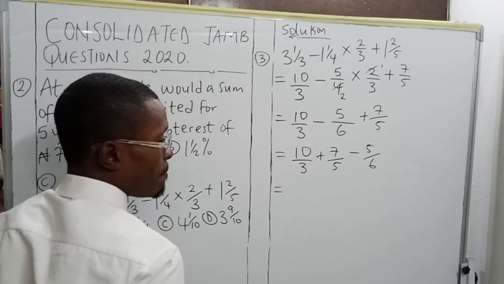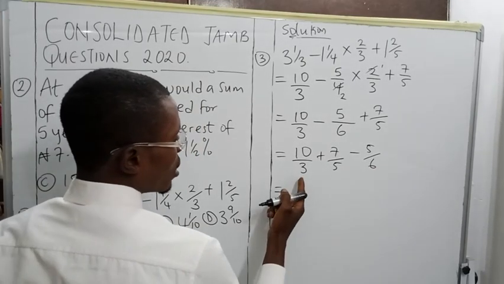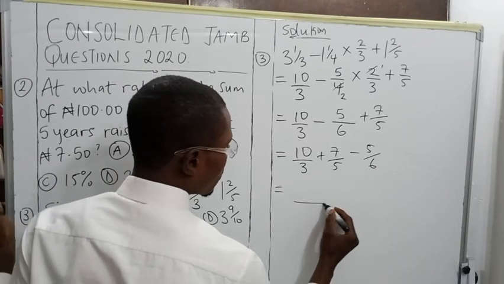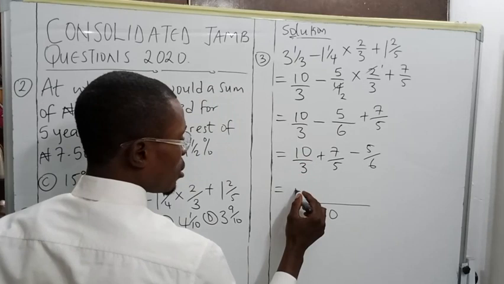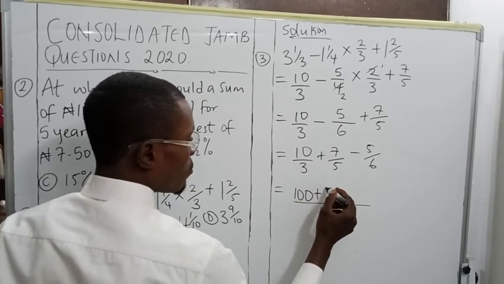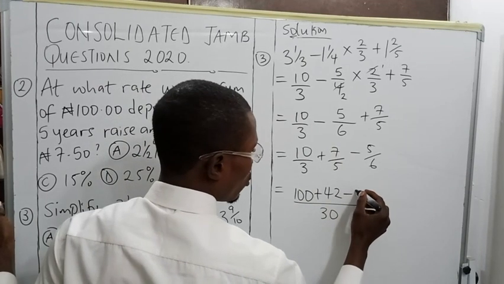And I add by method of LCM. What's the LCM of 3, 5, and 6? LCM is 30. 3 into 30, 10. 10 times 10, 100. Plus 5 into 30, 6. 6 times 7, 42. Minus 6 into 30, 5 times 5, 25.